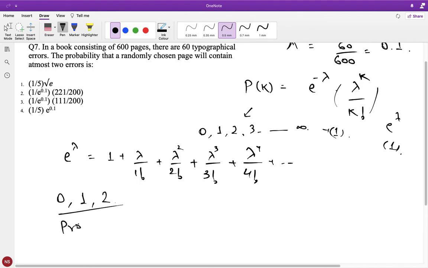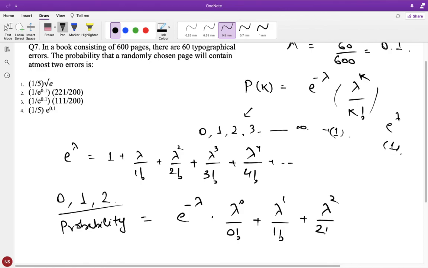So the probability being asked from us is equal to e to the power minus lambda into lambda raised to the power 0 by 0 factorial plus lambda 1 by 1 factorial plus lambda 2 by 2 factorial. And lambda is 60 by 600 or 0.1.